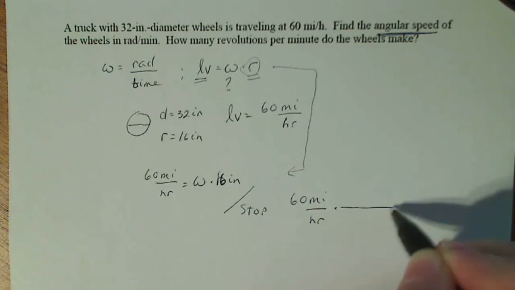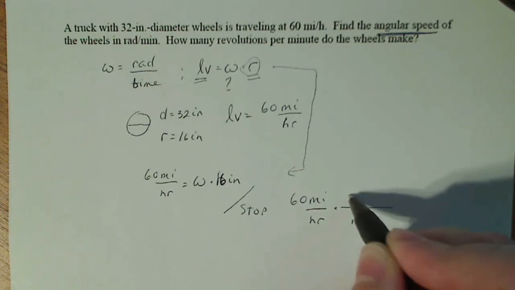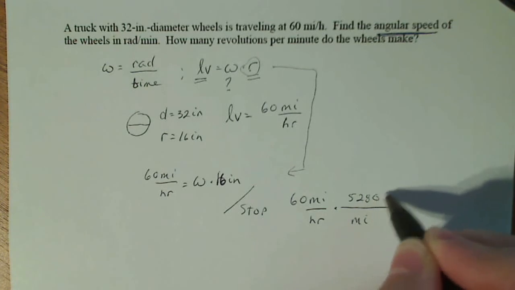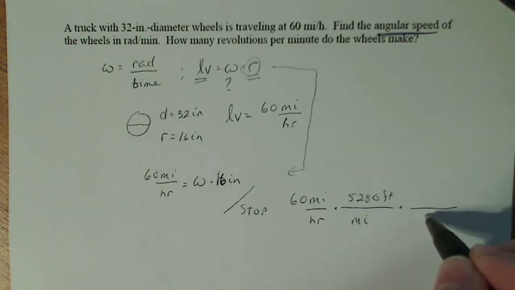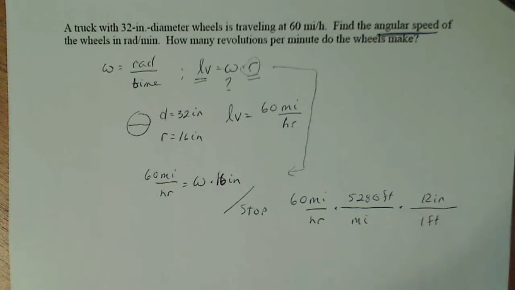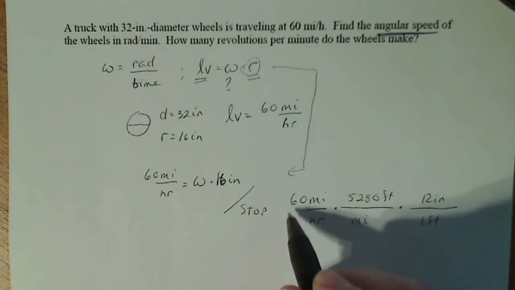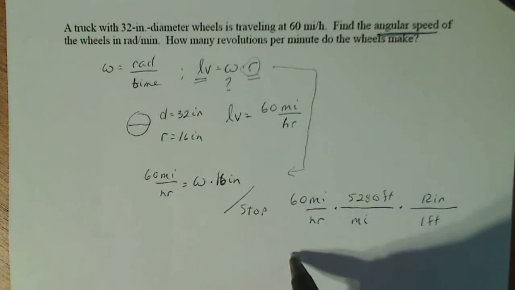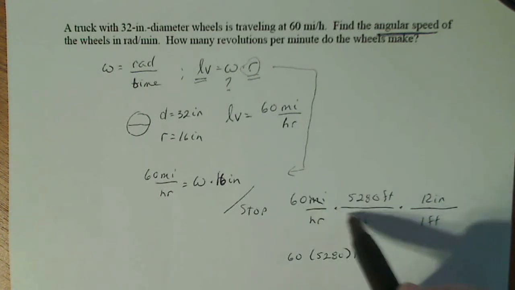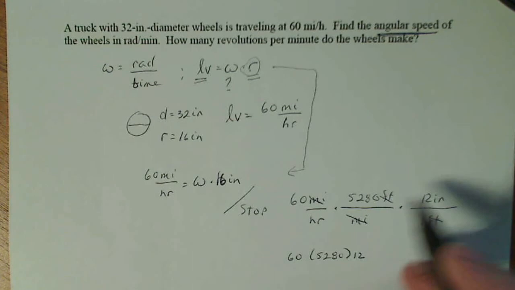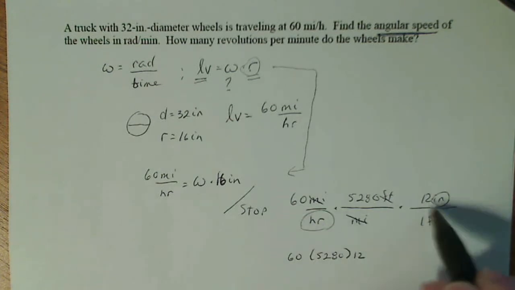I know that in 1 mile there's 5,280 feet, and in 1 foot there are 12 inches. So this is going to be 60 times 5,280 times 12. The miles cancel, the feet cancel, and that leaves me with inches per hour.